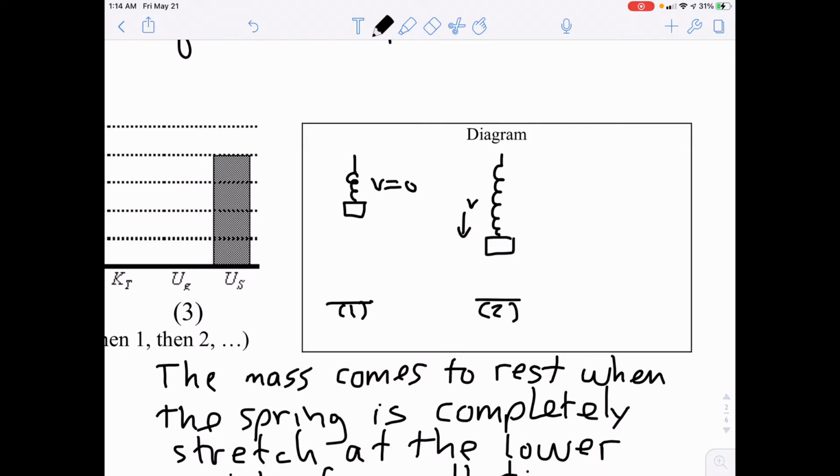And then lastly, your spring has gotten to its lowest point. Comes to rest, but you've got full stretch, so you have full spring energy.